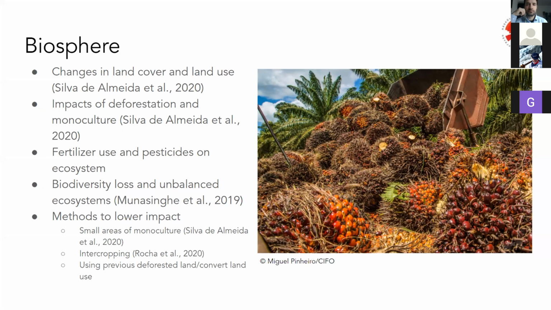They also use intercropping methods and are trying to reuse previously deforested land and convert it to a more impactful land use. So, for example, turning farmland into palm plantation. So that'll be an interesting area to study as well.